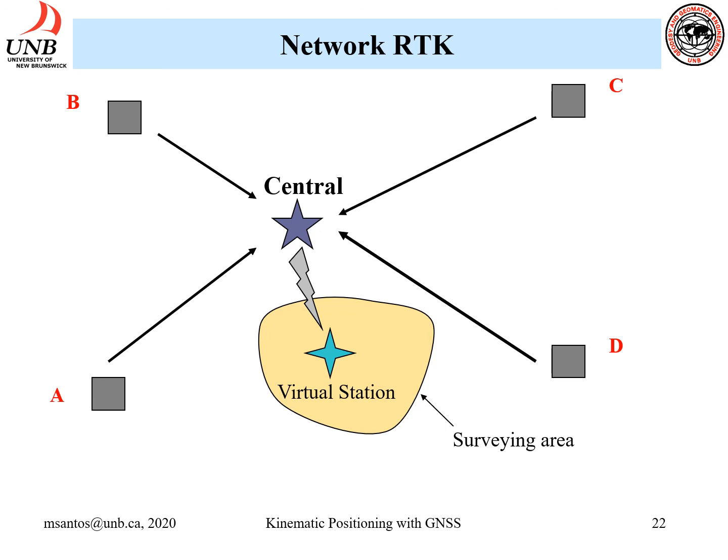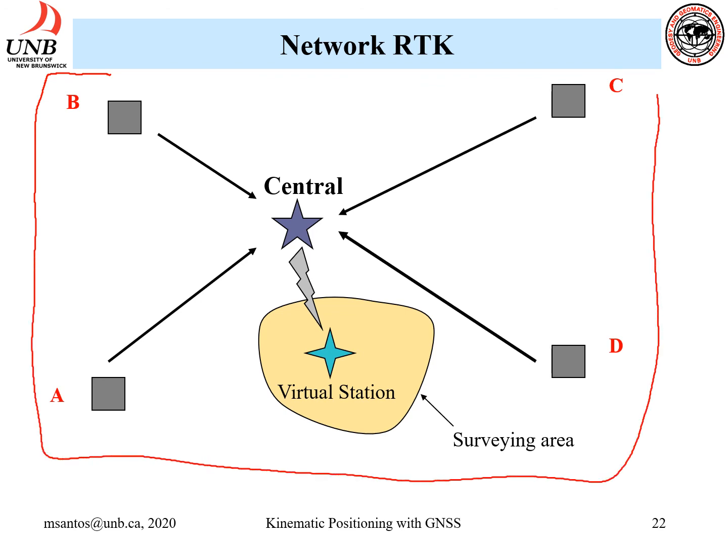So the idea here is that we have now a geographical area that is covered by this network of receivers, and these receivers all send their observations to a central computer that will be generating virtual coordinates.